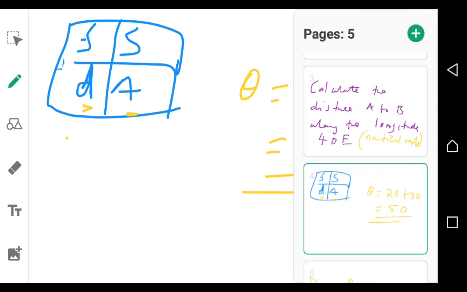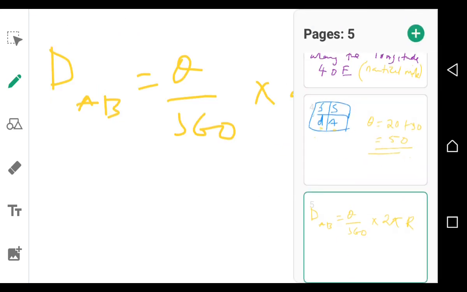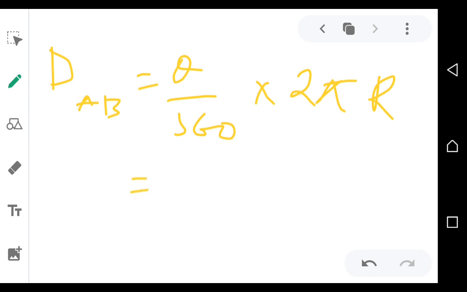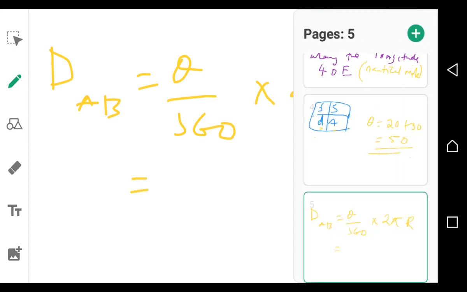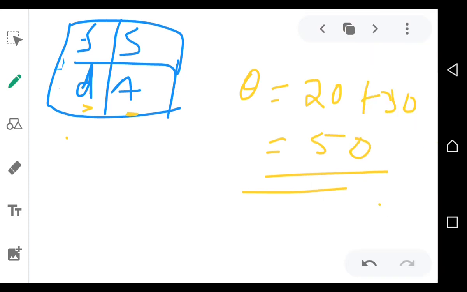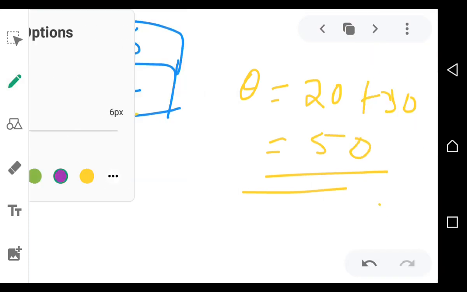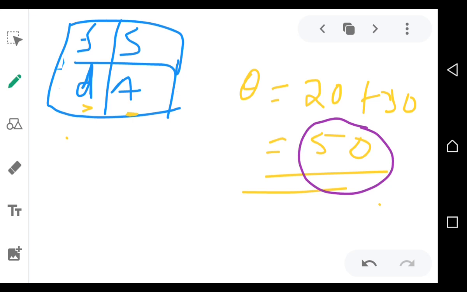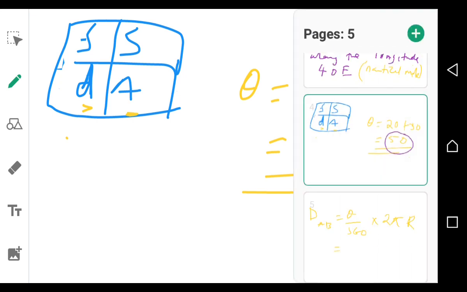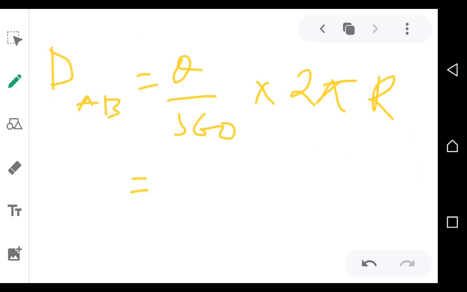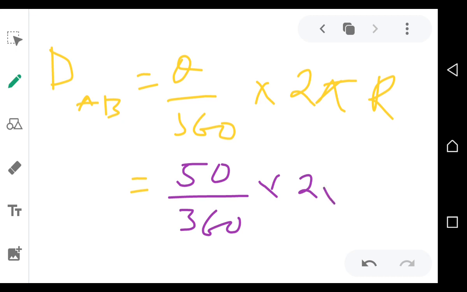So when you come back to our original question, what is theta? Theta is what we calculated, it's 50. Can you see 50 here? So on theta we put 50 over 360 times 2 times pi. You already know pi is 3.142, times the radius.